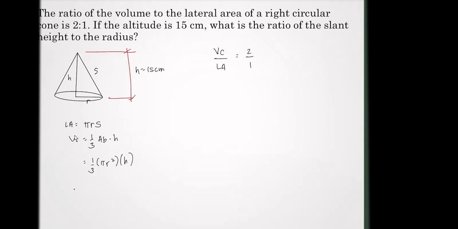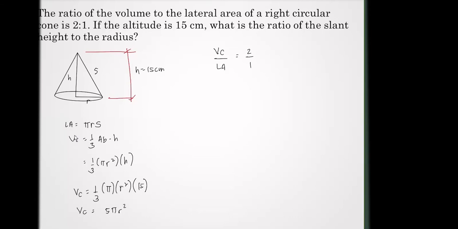The volume of our cone will be 1/3 pi r squared times our h of 15. So we have 5 pi r squared. That is the volume of our cone.